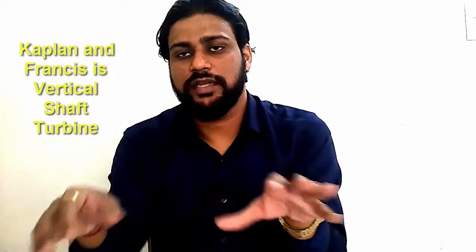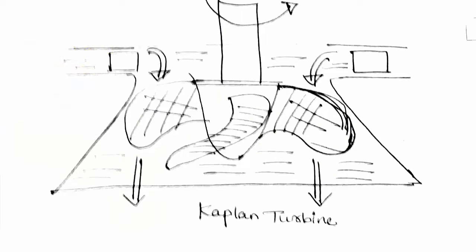Again, if you look at the shaft, if you are having a horizontal shaft, then it's a Pelton wheel, and both the Francis and the Kaplan turbine are vertical shafts, and the water will be made to flow into the blades in a way that there is a reaction causing it to rotate.